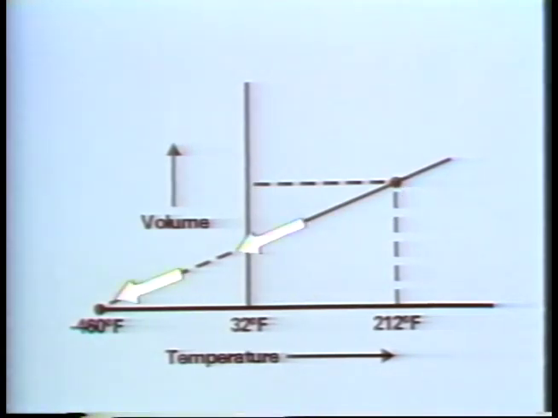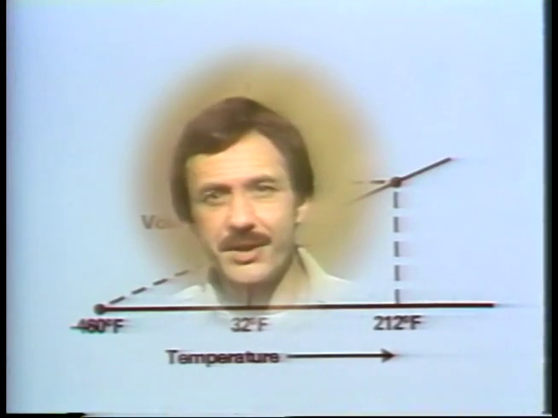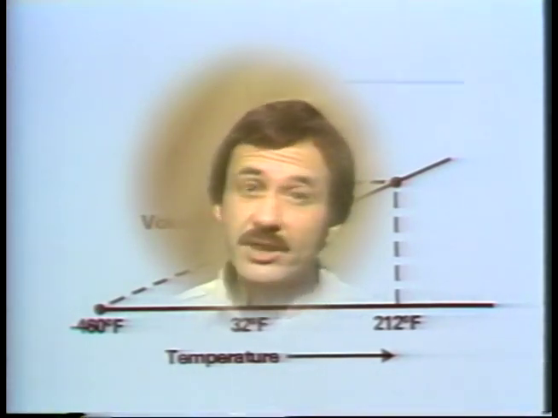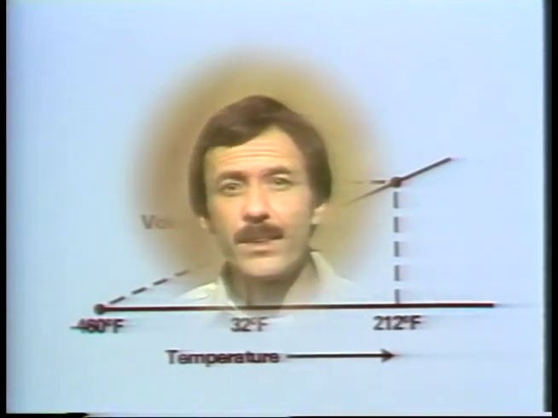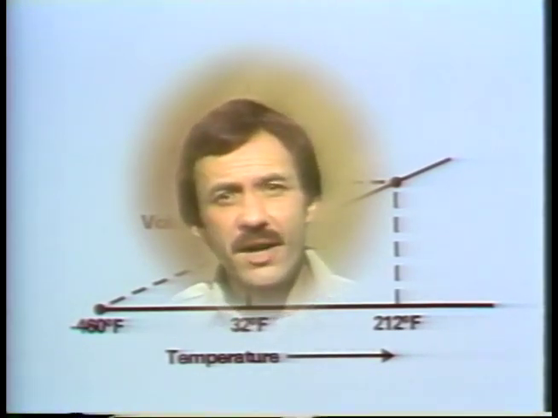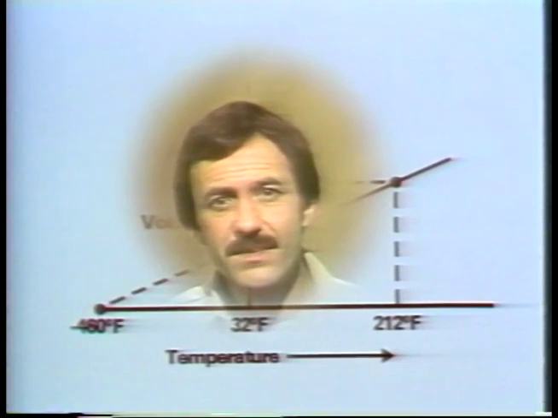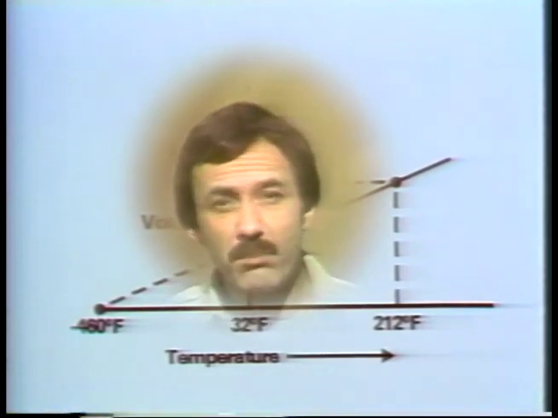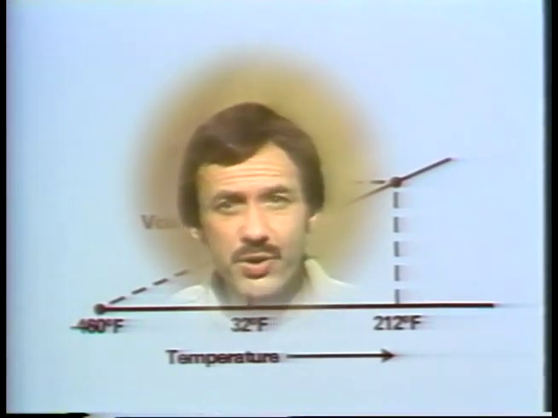If we continue to lower temperature until it reaches minus 460 degrees Fahrenheit, volume appears to go to zero. In reality, this wouldn't happen because the gas would liquefy before that point. Nevertheless, minus 460 degrees Fahrenheit does have a special significance. Earlier, we said that molecules are constantly in motion.